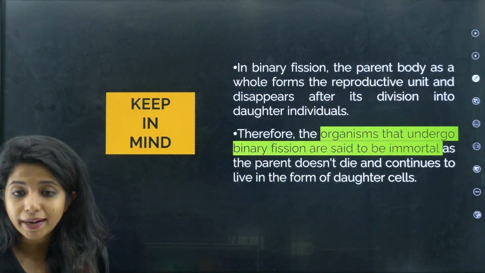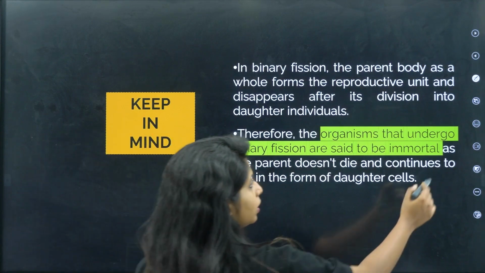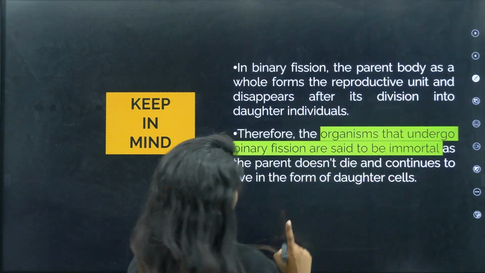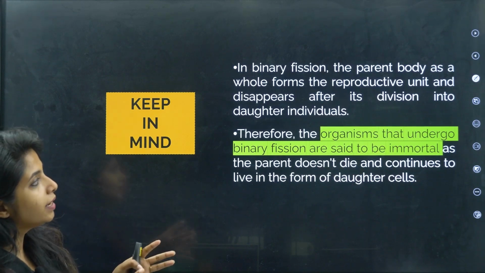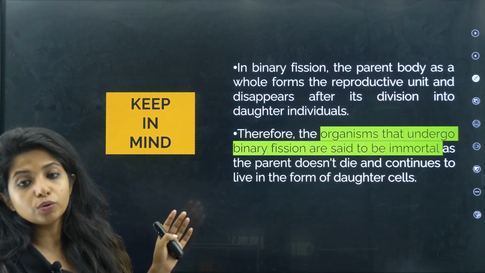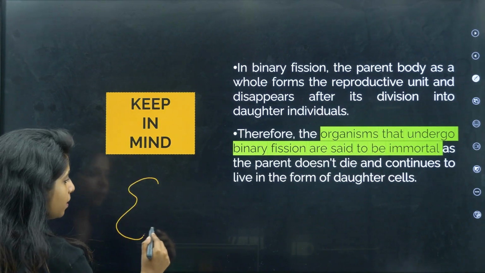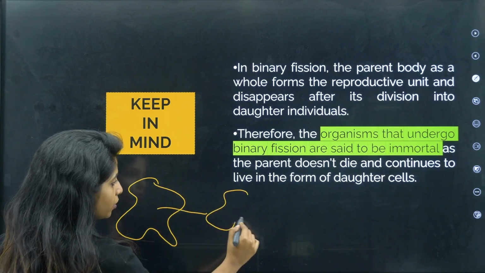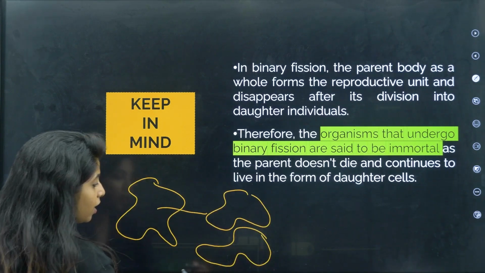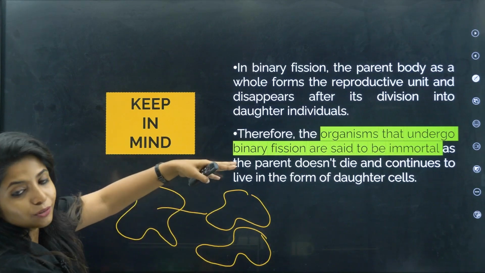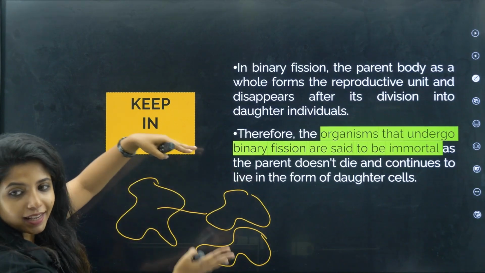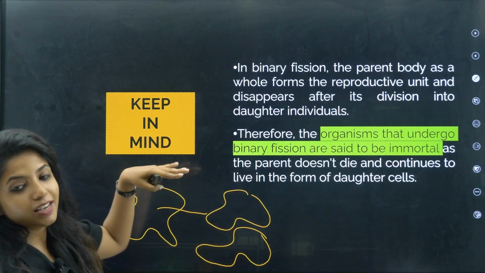Going ahead, there's something about them that you have to keep in mind. What is that something? In binary fission, the parent body as a whole forms the reproductive unit and disappears after its division into daughter amoeba. So if there is an amoeba, it divides into two. Can I search for the mother amoeba that was there? No, because it itself is a reproductive unit and it is going to divide into two. So basically, can I say that this organism is immortal?